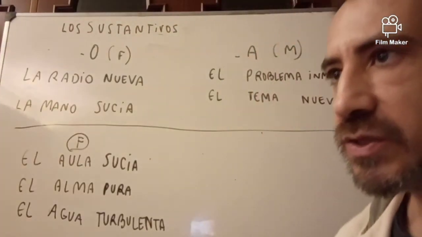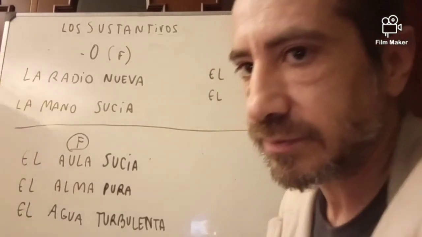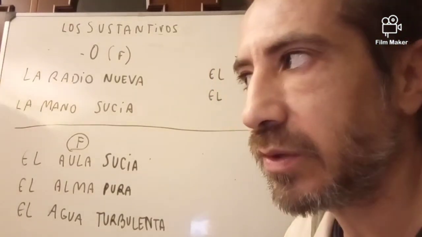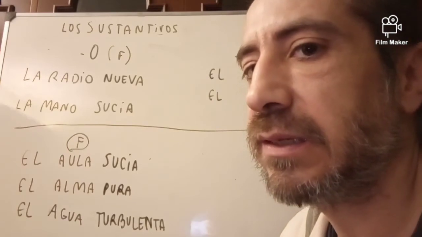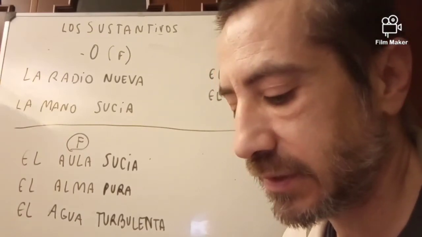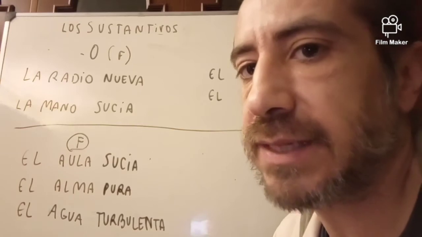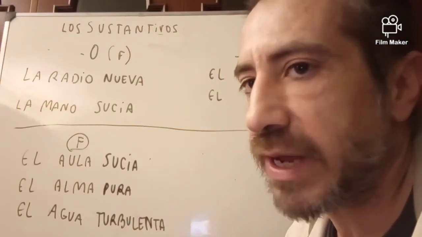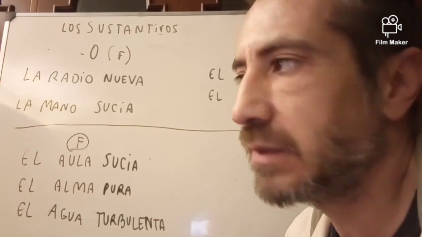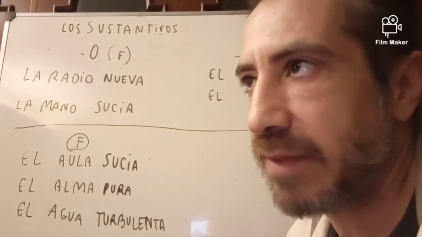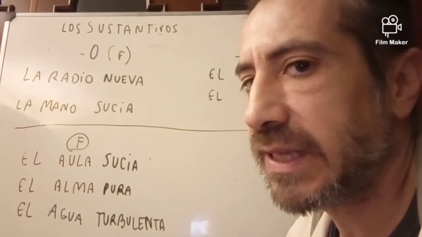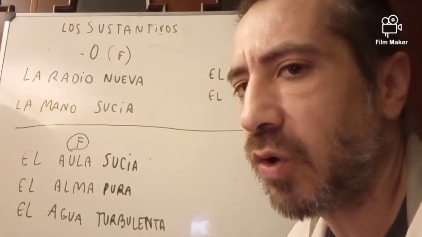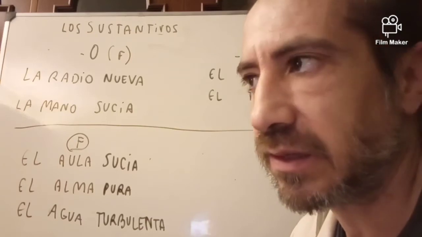Well, before moving on to the vowels, I forgot to put the nouns ending in the letter X. There are just a few in Spanish: tórax, thorax, clímax, climax, and I don't know if there are more than those two, and they are all masculine, so there's nothing.